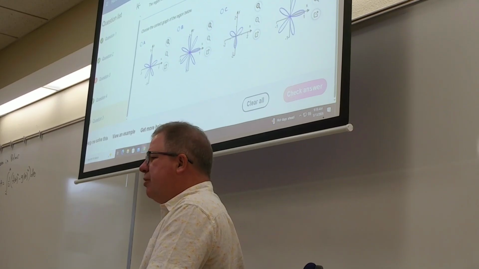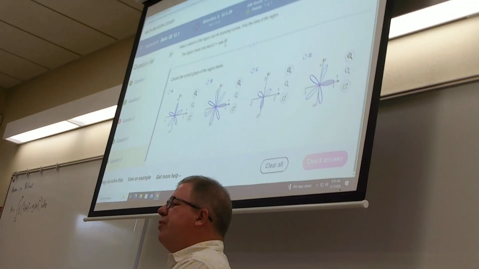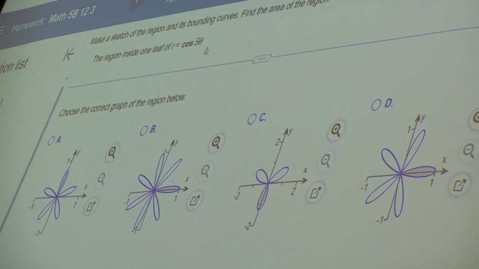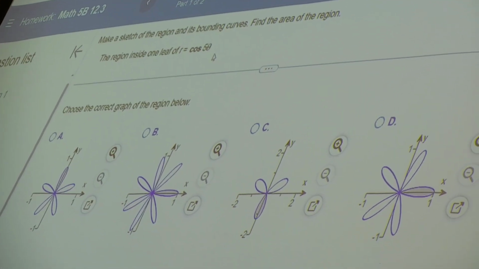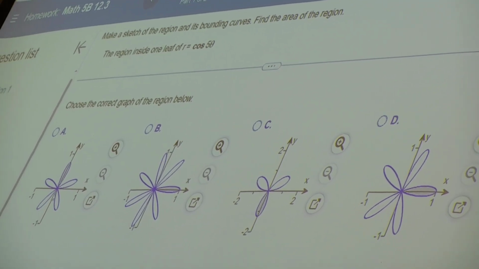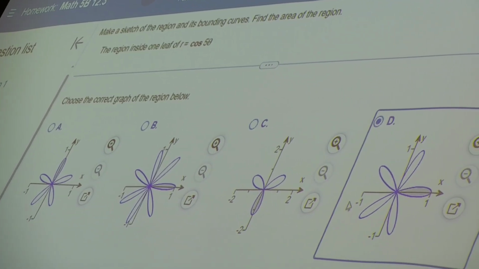Could not be B, could not be C. It could be D. There's 5 petals there. It's either A or D. Do you agree? All right. Let's put in 0 for theta. That's when it's pointing out like that. What's R if theta is 0? 1. Can it be A? No. Has to be D, doesn't it?